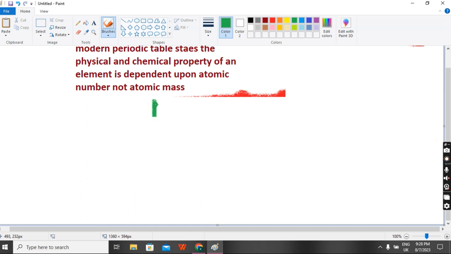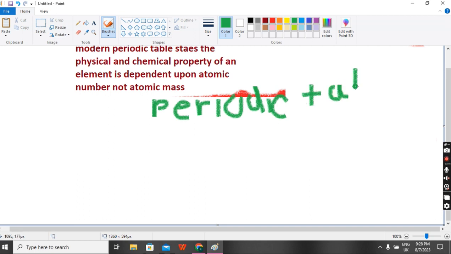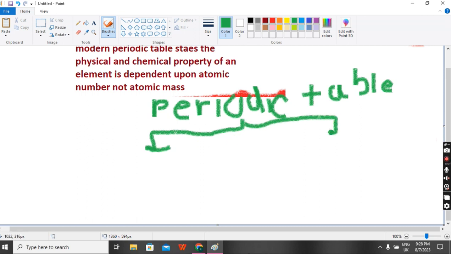We know that the periodic table has horizontal rows and vertical columns.